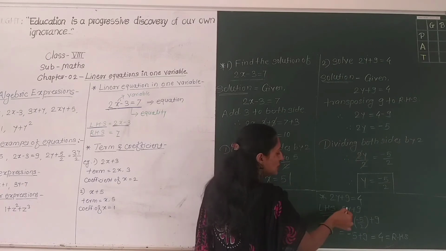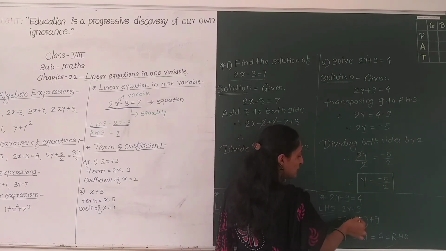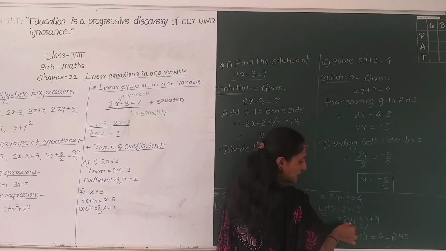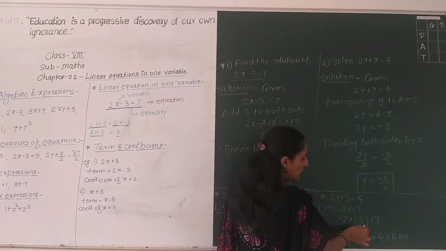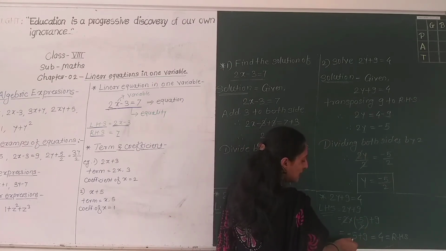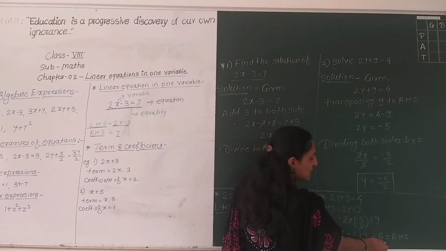So LHS is 2y plus 9. If I substitute y is equal to negative 5 upon 2 here, that is 2 into negative 5 upon 2 plus 9. Here there is a multiplication sign, therefore 2 and 2 will cancel. So remains negative 5. Negative 5 plus 9 is 4.